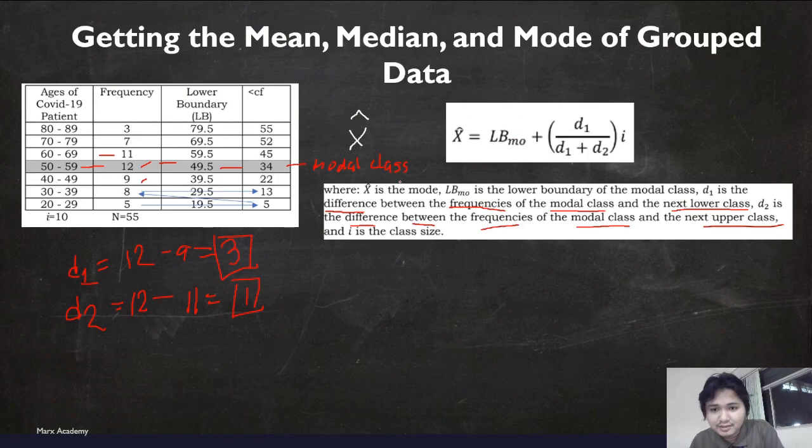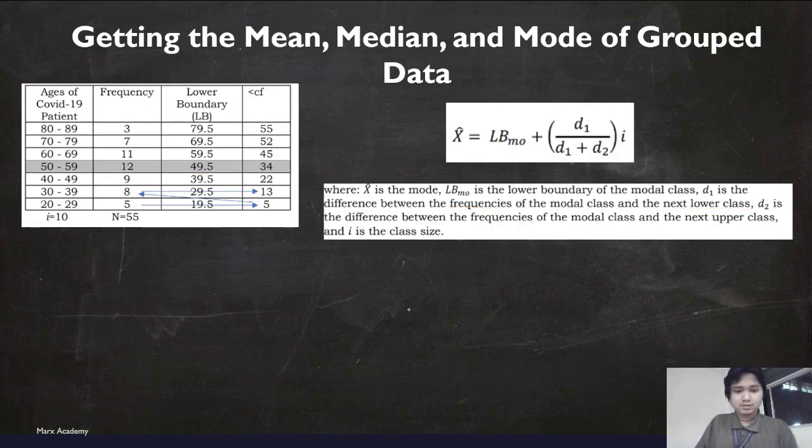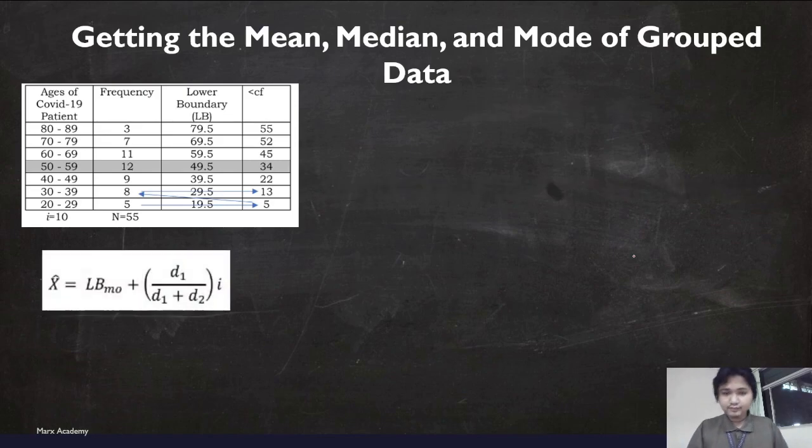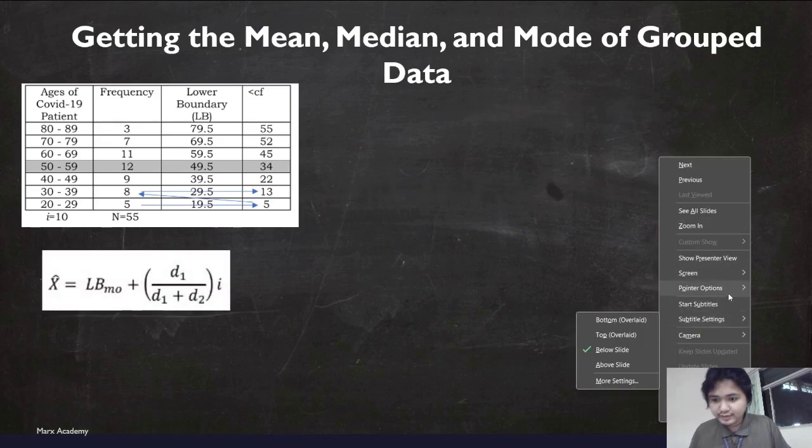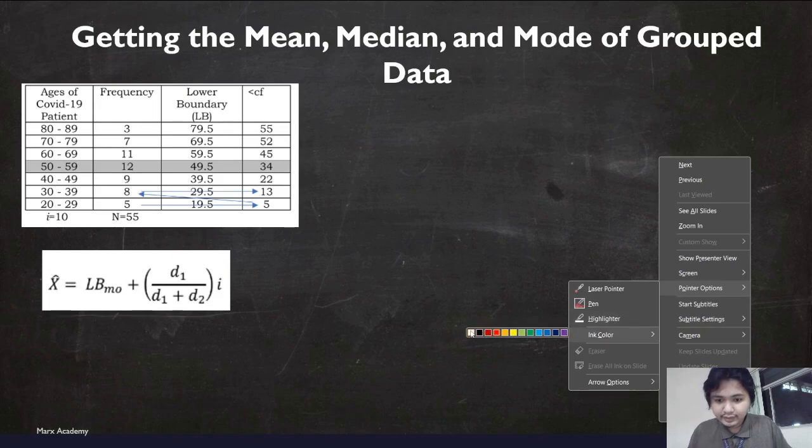So we're going to get the value of the LBMO, which is the lower boundary of the modal class. The lower boundary of the modal class is 49.5. So we already have all the values needed to get the mode, and our I is of course 10. Okay, proceed to getting the mode.